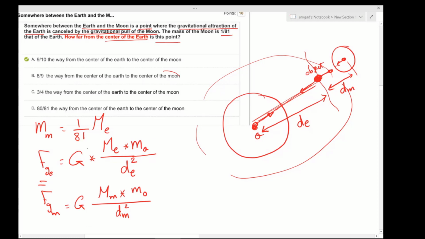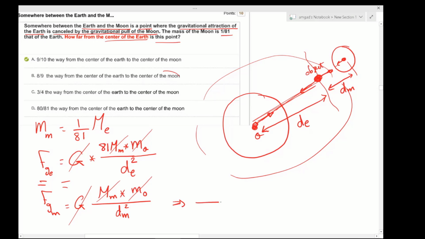When we equate them, what will happen? G goes with G. Mass of the object goes with mass of the object. I can write the mass of the Earth as 81 times the mass of the Moon, so now I can cancel the mass of the Moon with the mass of the Moon.